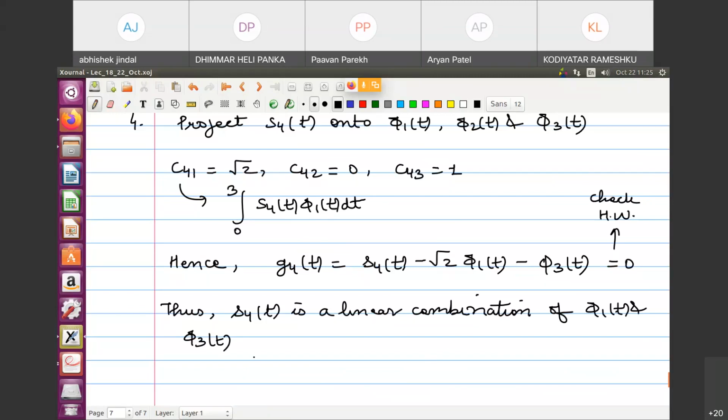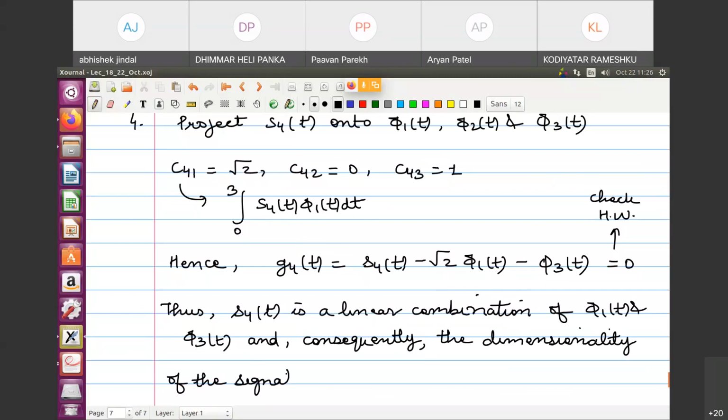Okay, and consequently, the dimensionality of the signal set is N equal to 3.